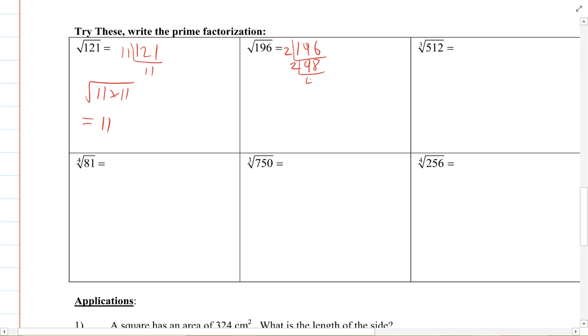My dog is snoring. Holy cow, he's so loud. And so root 196 equals square root 2 times 2 times 7 times 7. So that equals 2 times 7, which equals 14. So we can take it out. There's a group of 2. You can take it out.